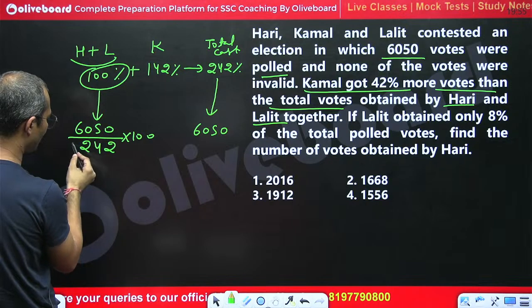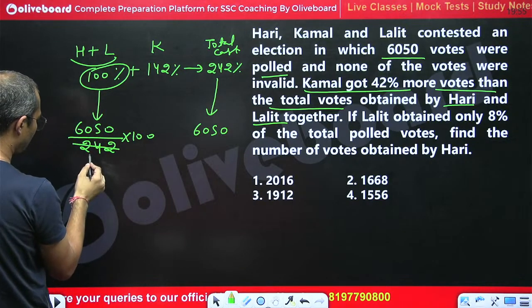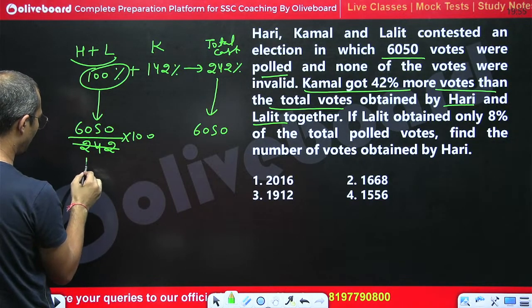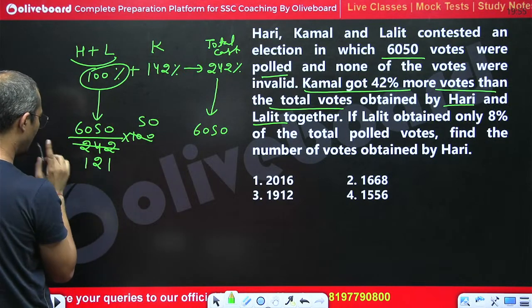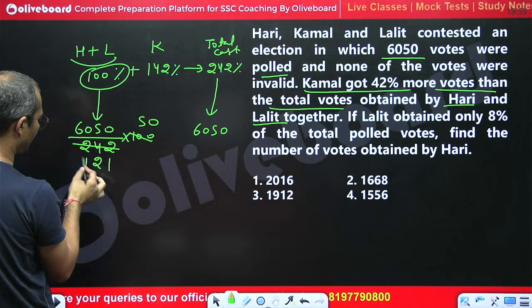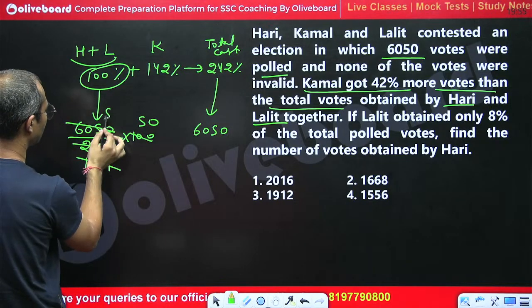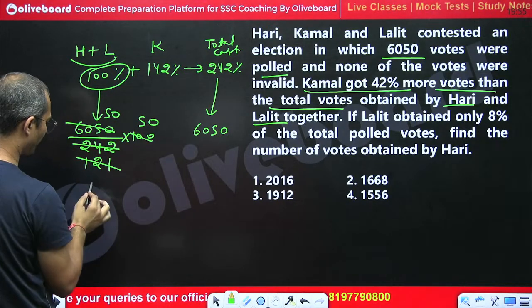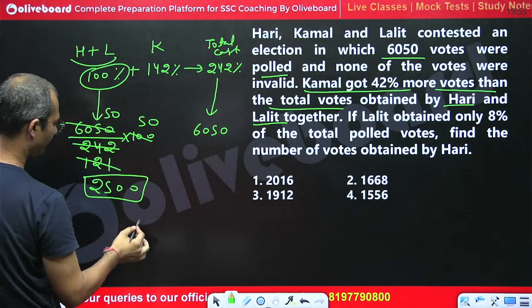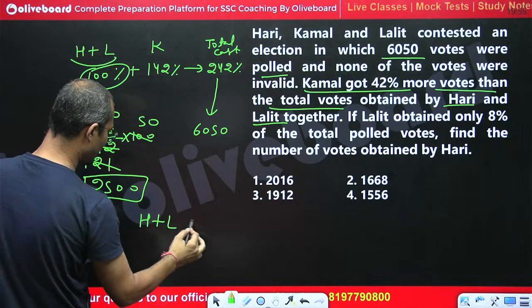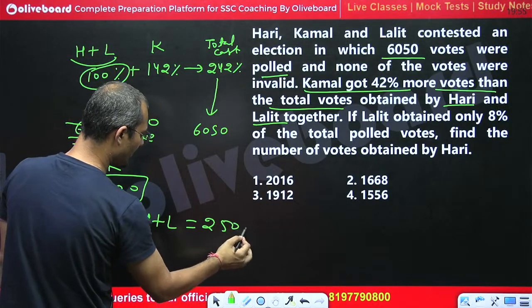We can cancel it out by 2, so this would be equal to 121 and 100. Cancelling again, this would be 50 times 50. So 50 into 50, we will get 2500. So the vote received by Hari and Lalit is equal to 2500.